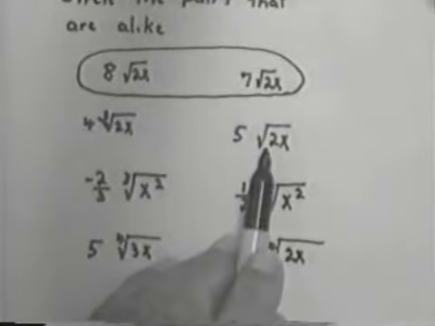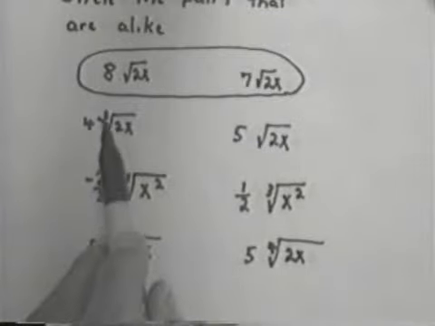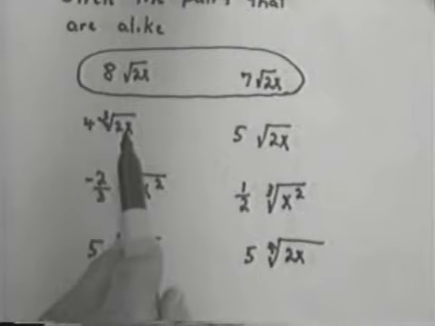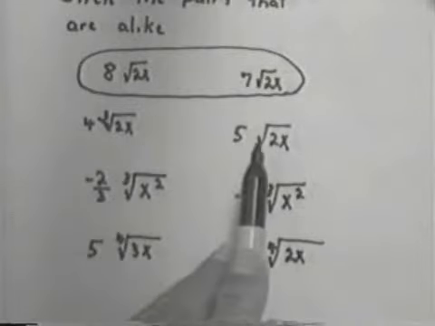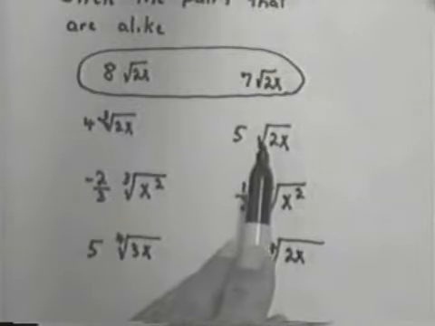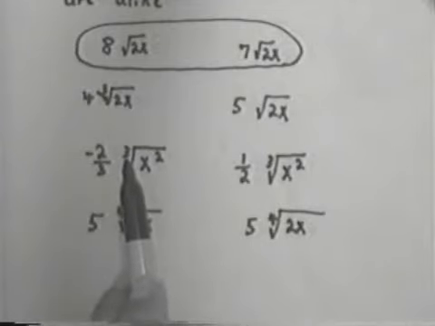The next pair are different. Here we have the cube root of 2x. Here we have the square root of 2x. The index is 3. The index is 2. Since the two radicals do not have the same index, they are not alike. The third example. The two radicals have the same index.